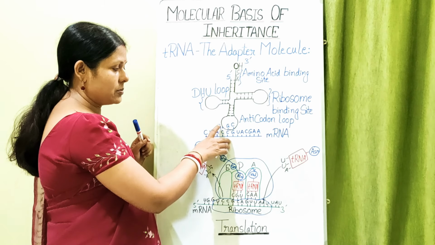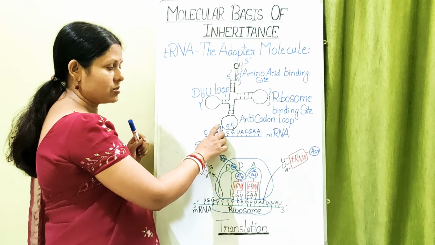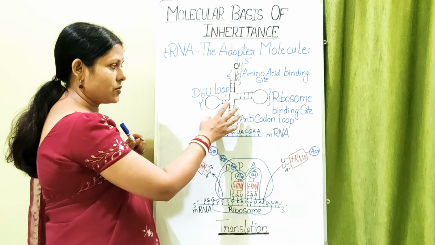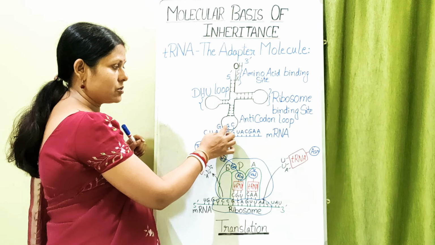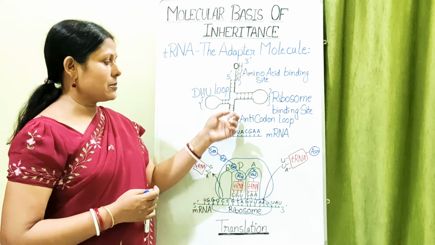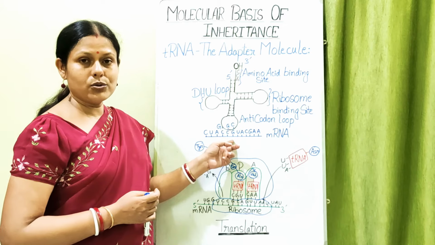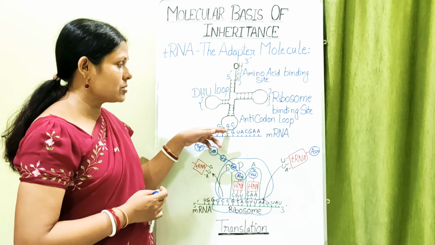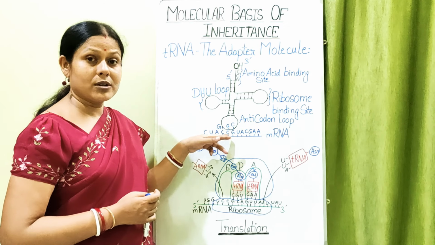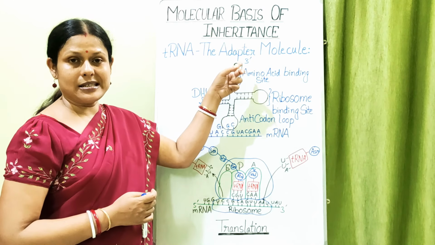So C will have the complementary base G, C with G and G with C. So CCG or GGC. So a tRNA having the anticodon loop GGC will bring a respective amino acid with respect to this codon. It is not with respect to the anticodon loop, but it is with respect to the mRNA codon that the amino acid will be decided.